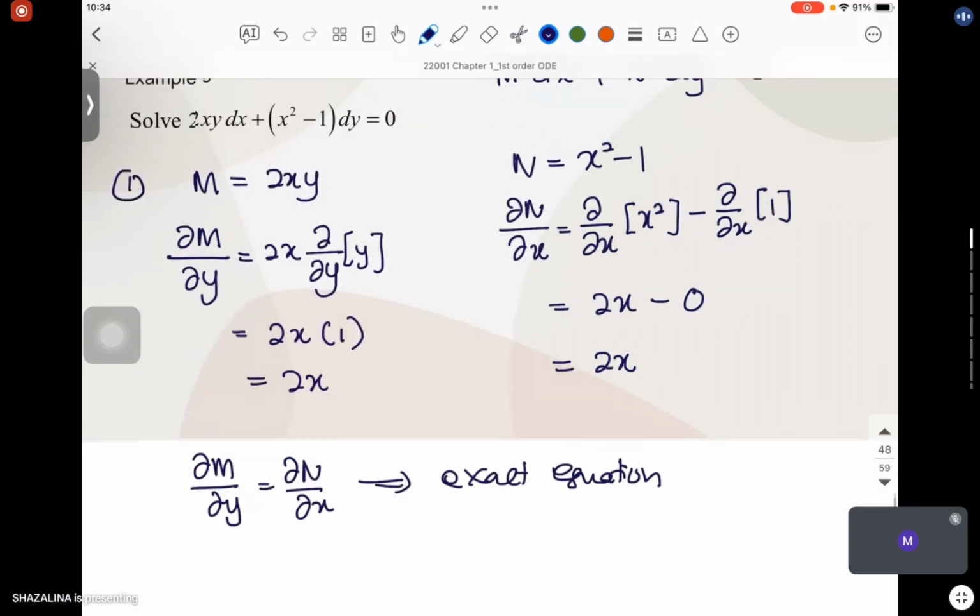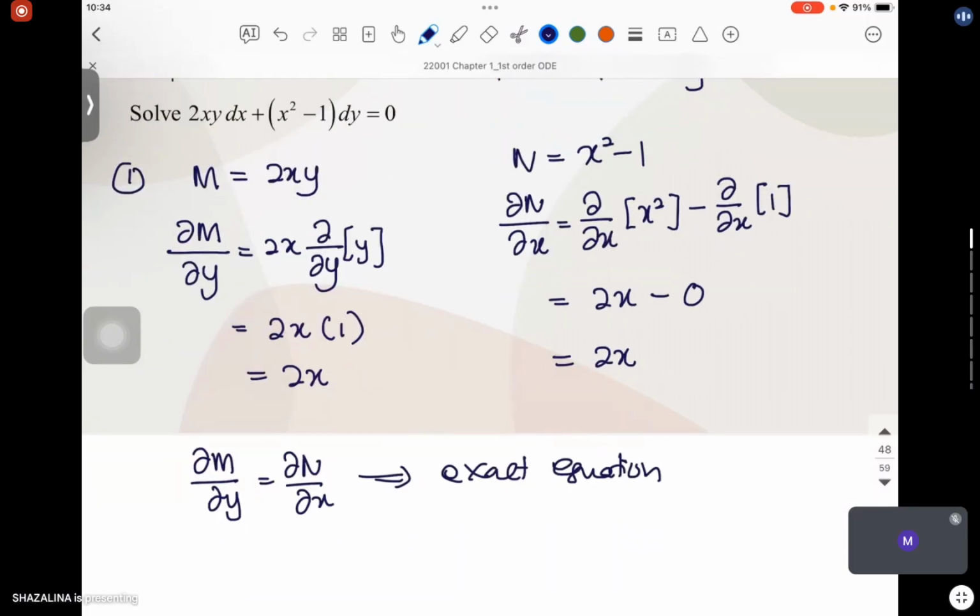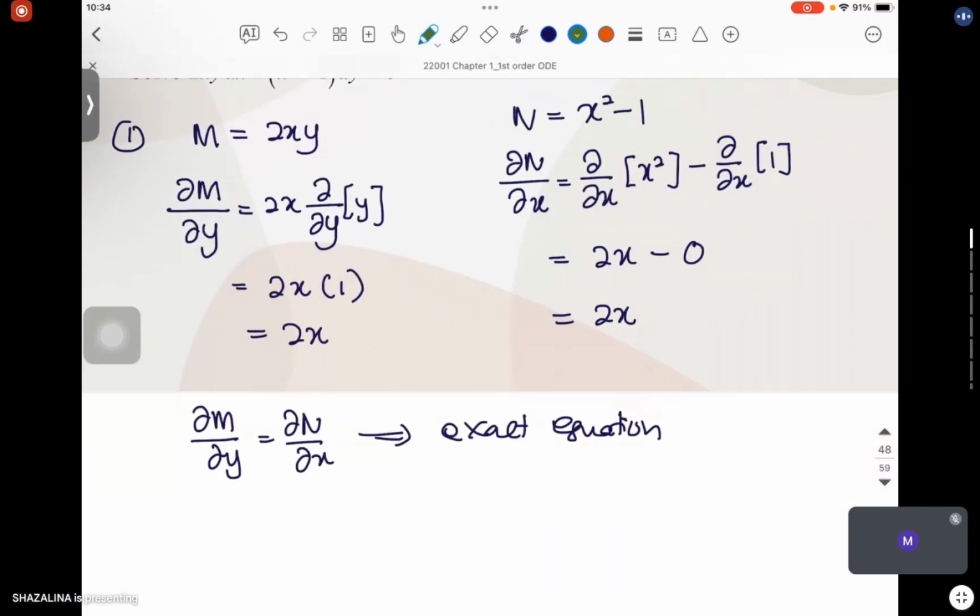Then we need to solve, okay, based on the solution. Ini boleh refer step number 2. Okay, solution for the exact equation is f(x,y) equals to c. This is the solution for exact equation.